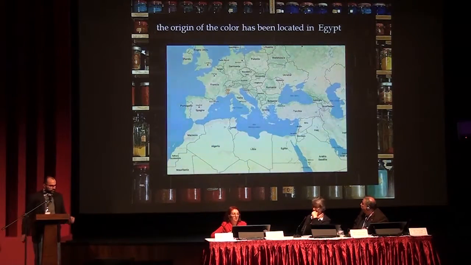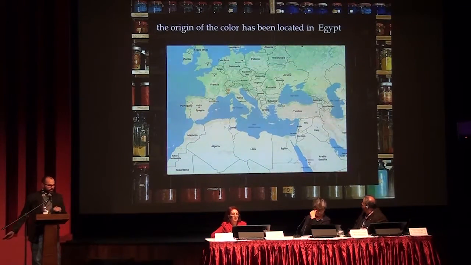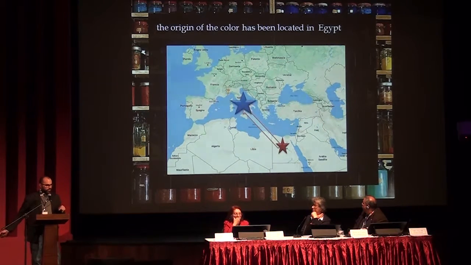And the story of the Egyptian blue, of course, started in Egypt, and then in Mesopotamia. But the strange thing is that when the Romans captured Egypt, the Roman Empire started mastering the art of making Egyptian blue.